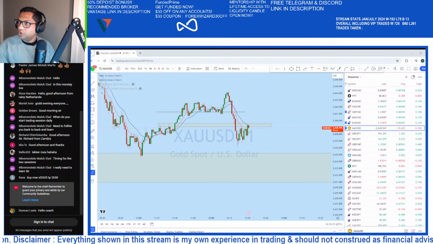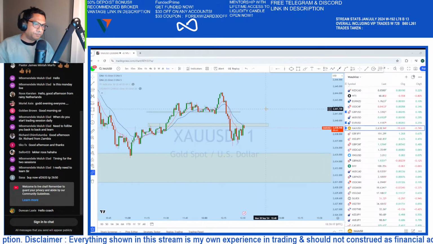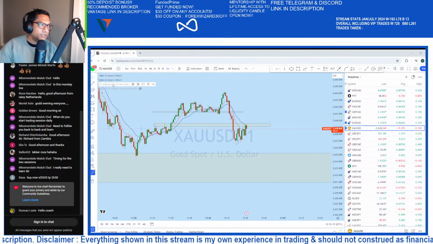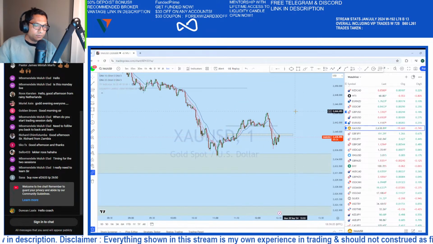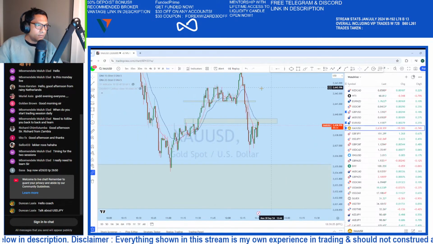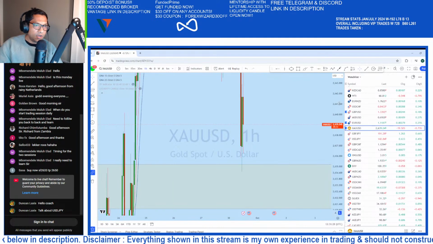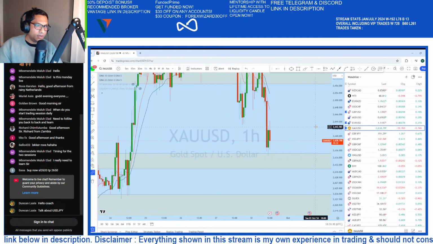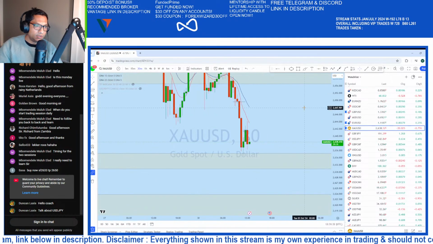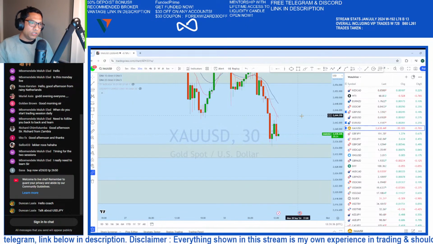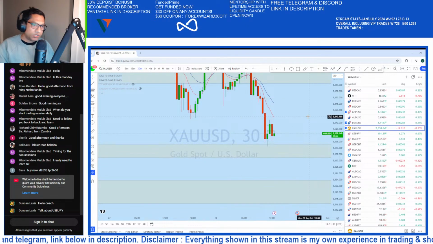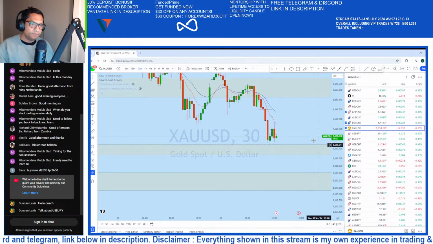Now let's look at the lower time frames, 1 hour and 30 minutes. On the 30 minutes we can see that there is a bearish engulfer. This one I was interested to see how it is doing.